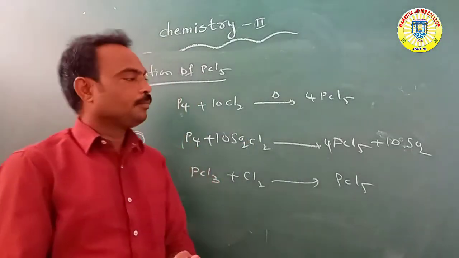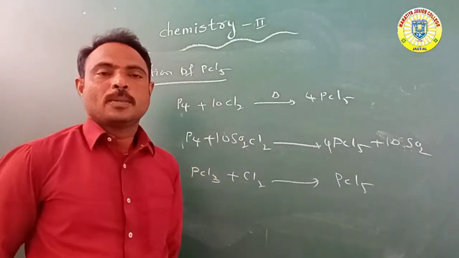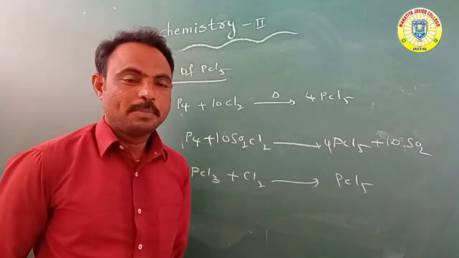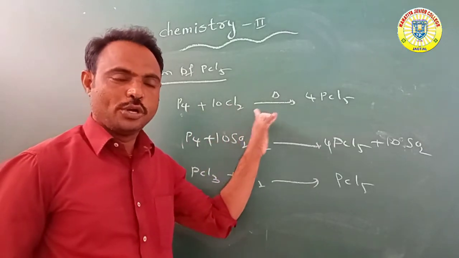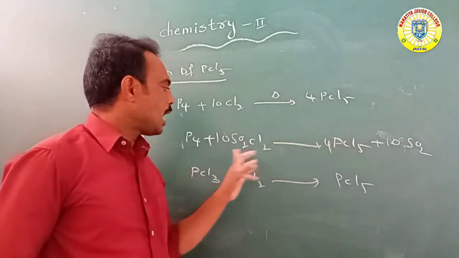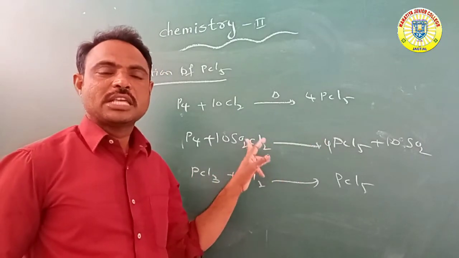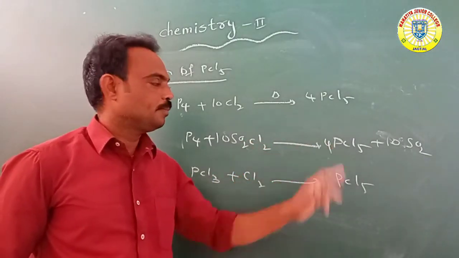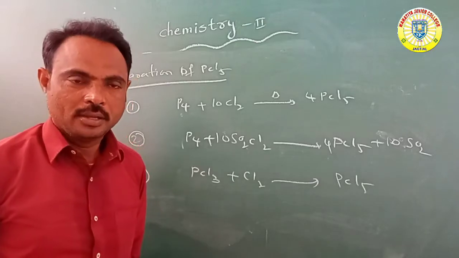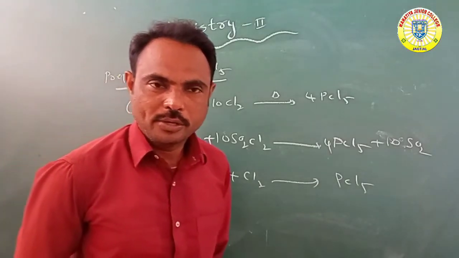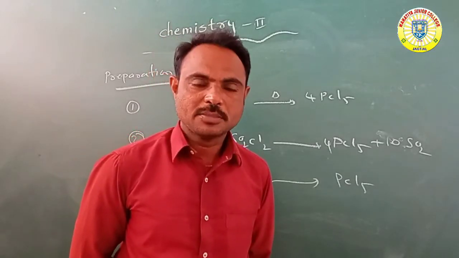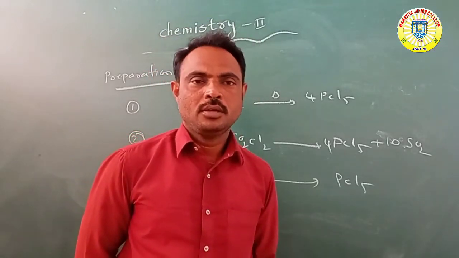Listen: phosphorus pentachloride is formed when phosphorus reacts with chlorine, or when phosphorus reacts with sulfonyl chloride, or when phosphorus trichloride reacts with chlorine.